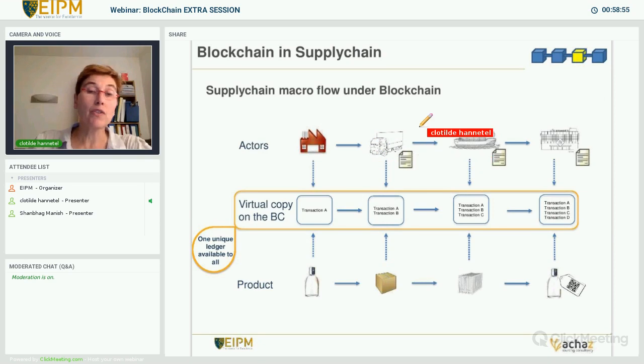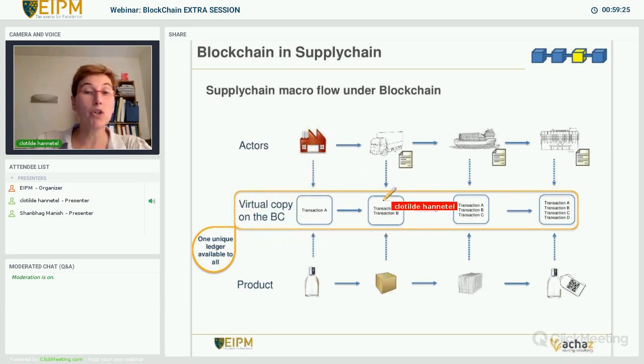In the physical environment, this transport company will probably know the time that they pick up the bottle at the manufacturing company, but maybe the retailer would like to know if this transport is ongoing or not. How does this retailer or this ocean freight company know that the good is arriving on time? They need to phone this company, and maybe the person is not there, so they have to phone the manufacturing company.